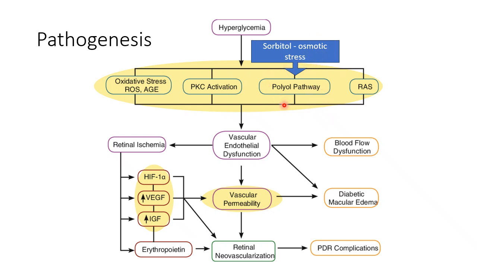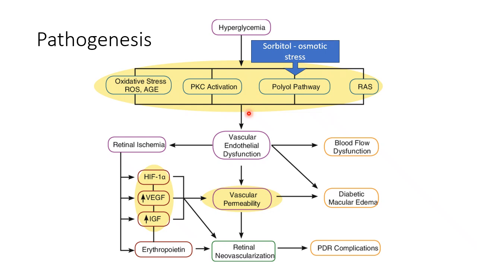There are some other pathways, that is protein kinase C activation, which starts its own cascade, oxidative stress, reactive oxygen species, and formation of advanced glycation end products, very, very important, and the RAS or renin-angiotensin system. So these are the pathways that are activated under conditions of increased blood sugar.